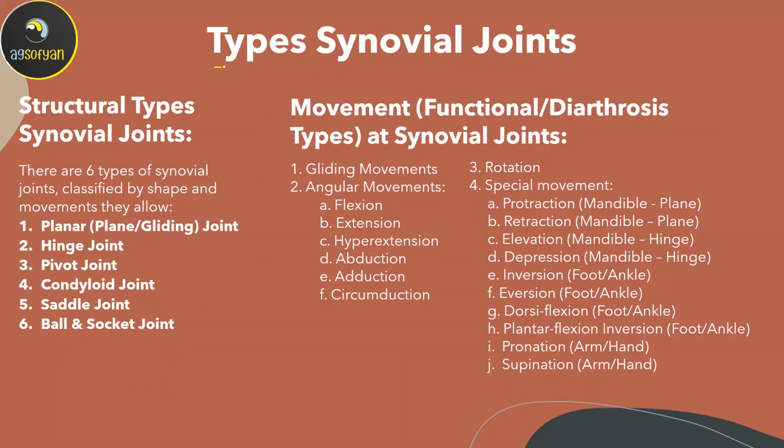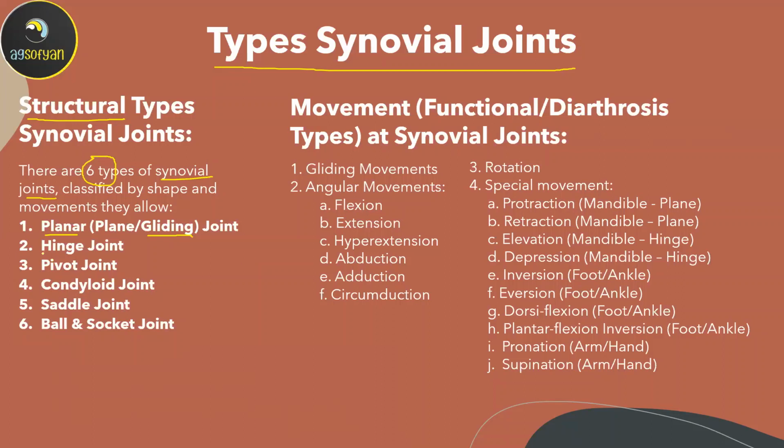Now, there are several types of synovial joint, and based on the structure, there are six types. The first one is called the plane or planar joint, sometimes also known as a gliding joint, because it gives a movement of gliding or rubbing between the bones.